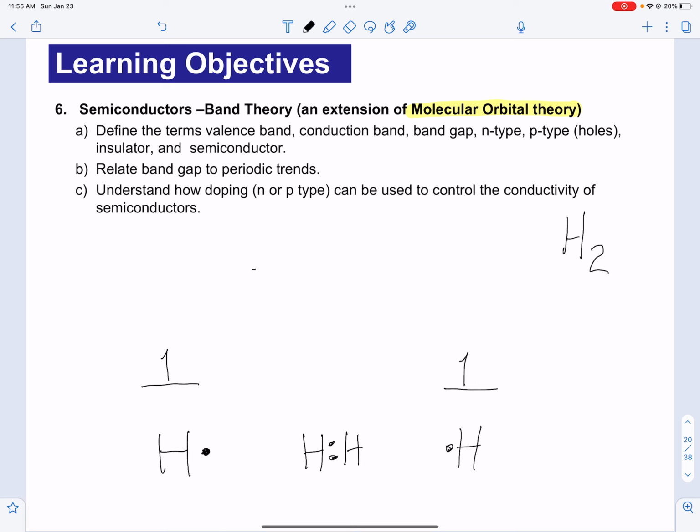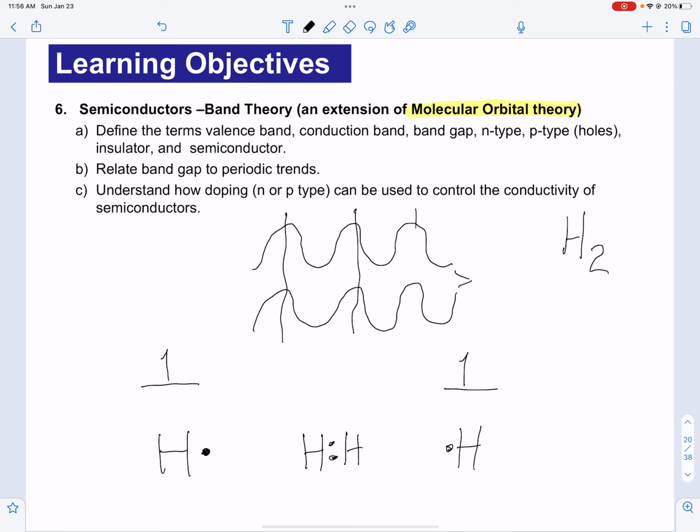So if I have a wave from one electron, and this wave combines with the wave from the other electron, and they happen to be in phase, so it's all aligned, then you get an amplified wave.